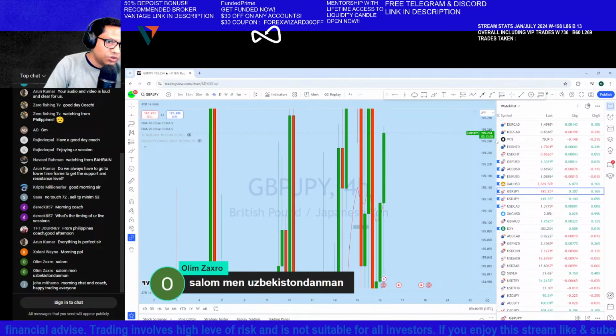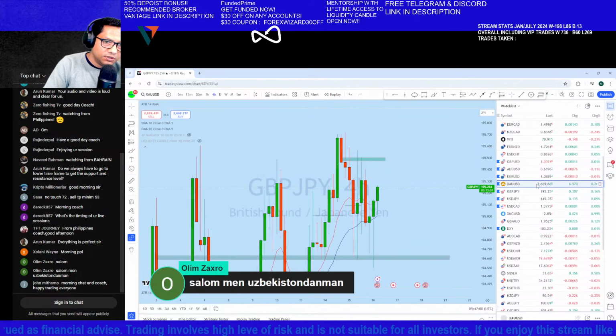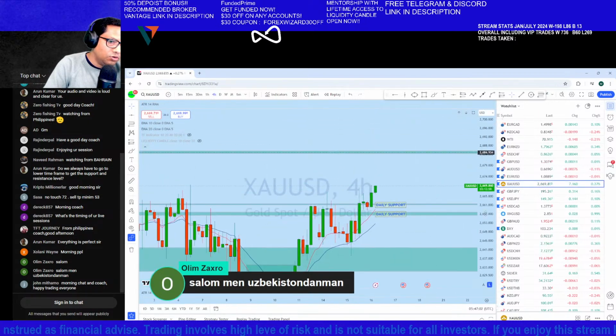GBPJPY is also trying to reverse after multiple rejections. So let's keep the focus only on XAU.